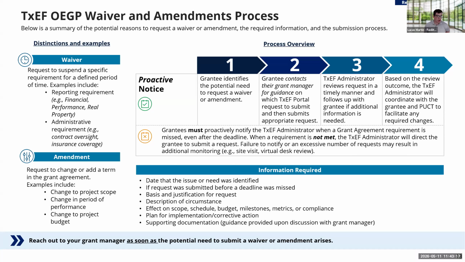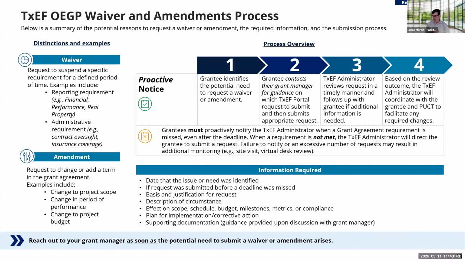So the information on the process will be determined by the severity of the request. Again, if things escalate for the need for an amendment, we'll work with you all to do that. The information on the bottom side is a little bit dependent on the type of waiver or amendment that'll be needed.